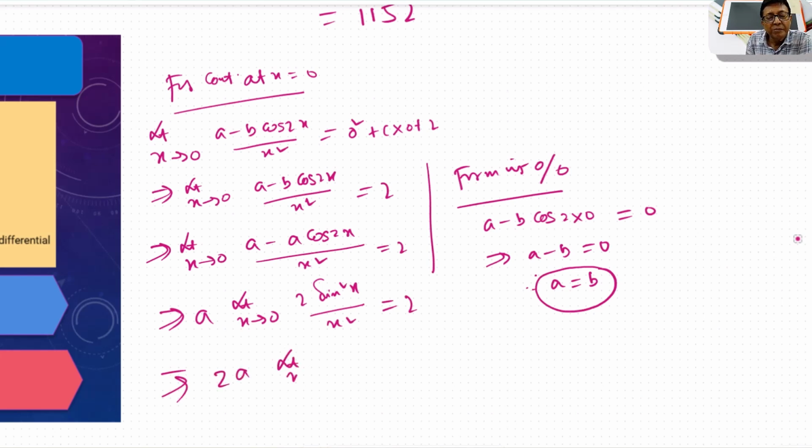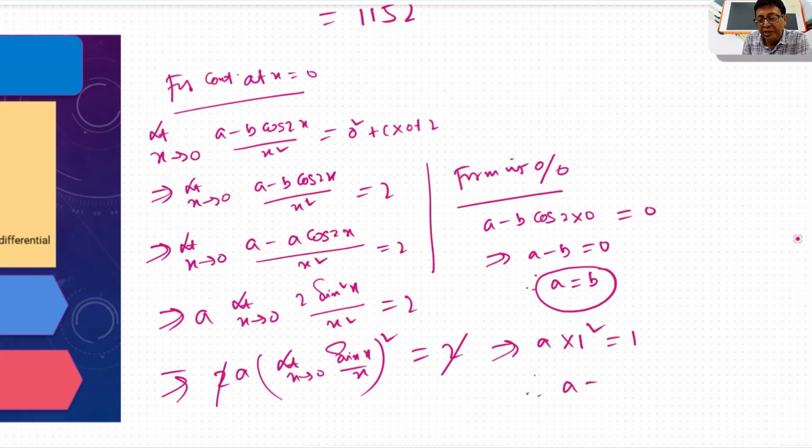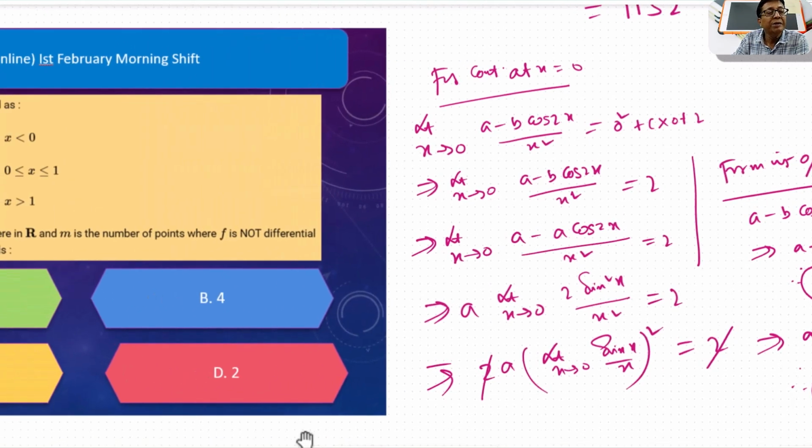So 2a. I am writing in detail for you; when you do it for yourselves, you can do it faster than the way I do it here. So a equal to 1, and b also must be equal to 1. Okay? a is 1, b is 1.